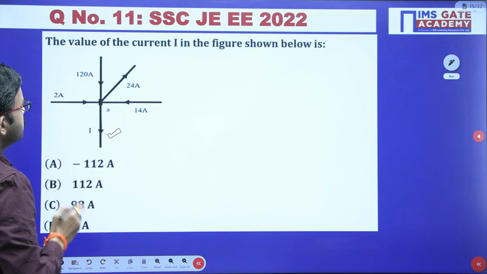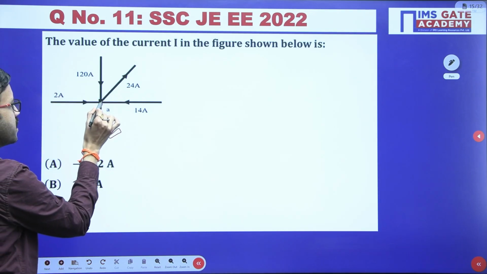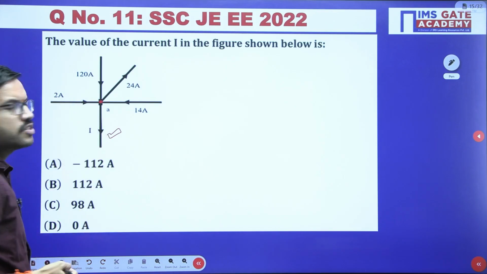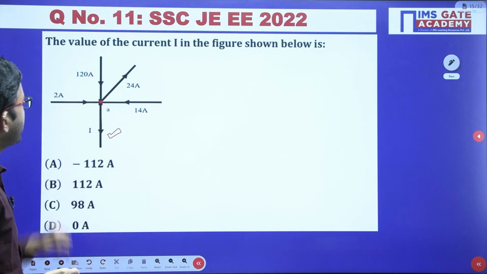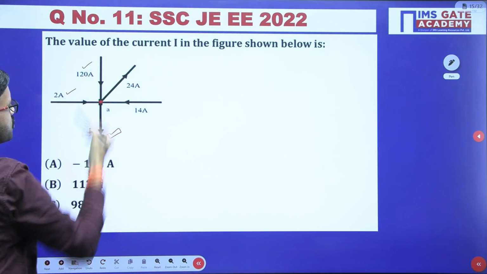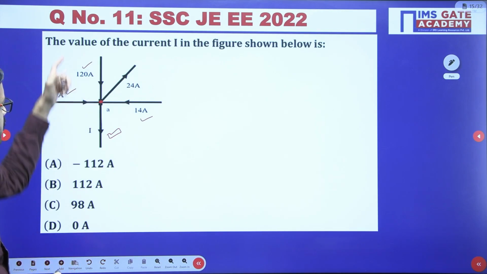Just observe this particular circuit: you have a node here, and to this node, this current is entering, this current is also entering, and this current is also entering. Three currents are entering.